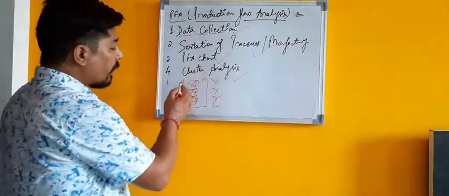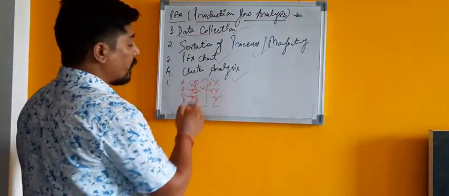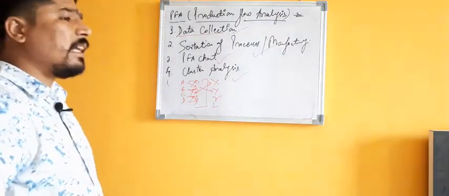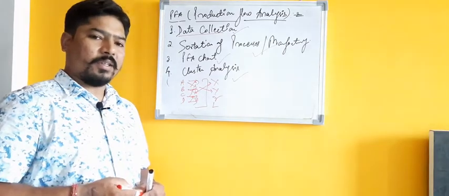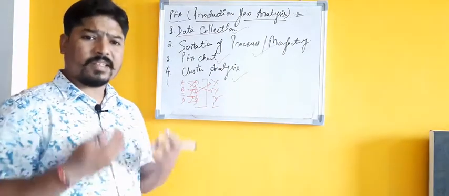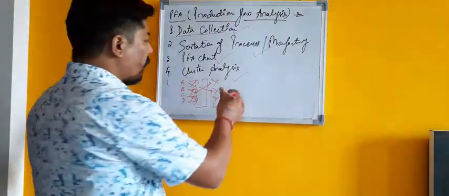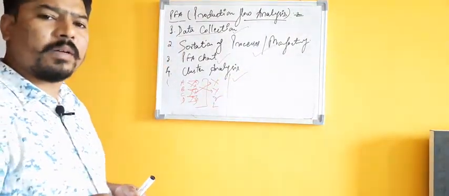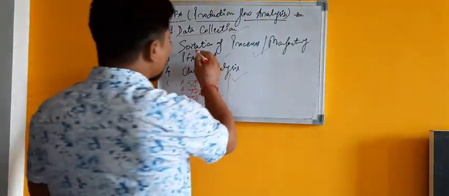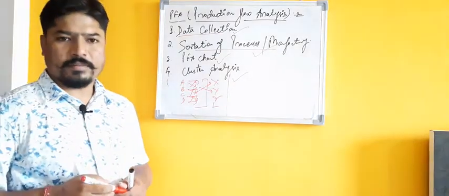Can part A be manufactured with the help of Y, or can B be manufactured with the help of X? That kind of data is going to be extracted from the shop floor of any production system, so that we can clarify all these things in our production system. Okay, the second step is the sortation of the manufacturing processes.